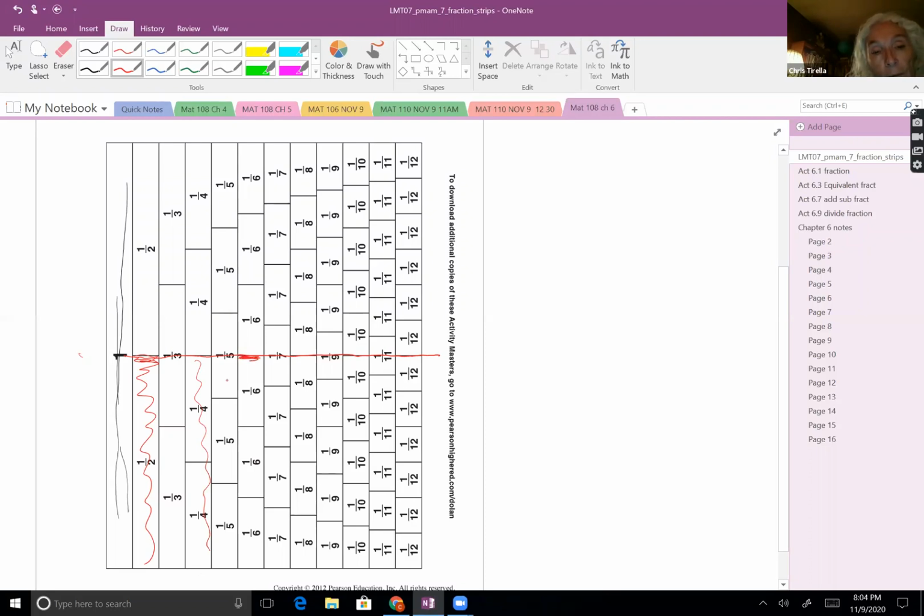Likewise, falling right here, wouldn't it be equivalent to the length of 3/6? In the same way, wouldn't this line be equivalent to the length of 1, 2, 3, 4/8?